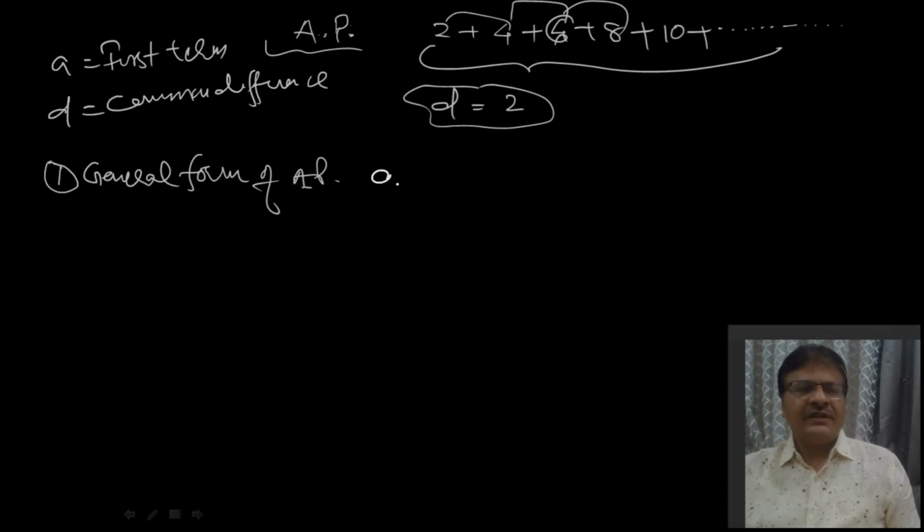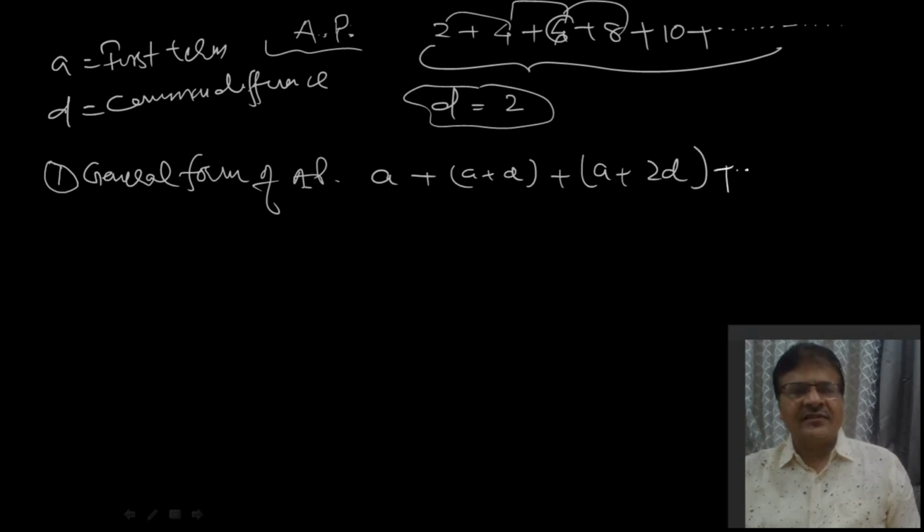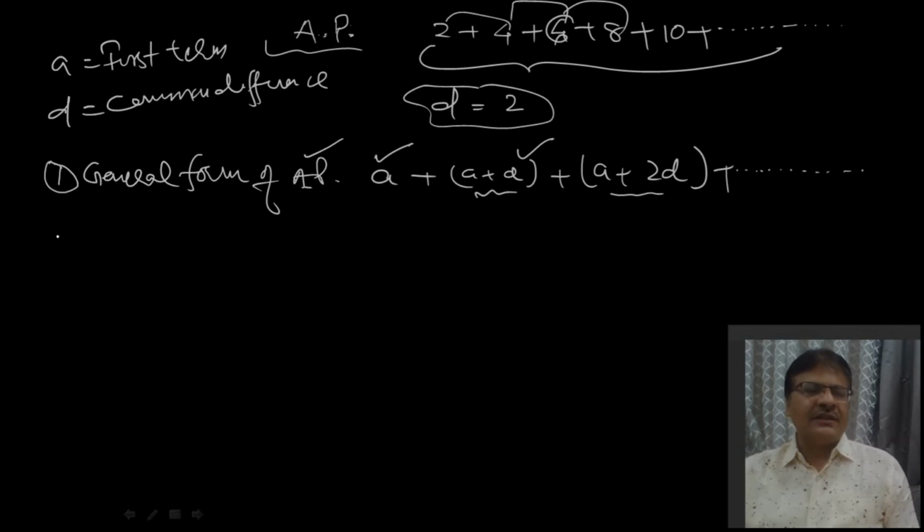So the general form of AP we can write: A, A plus D, A plus twice of D. This first term is A, common difference is D. If we go on adding D, we always get successive terms of this AP, that is arithmetic progression.